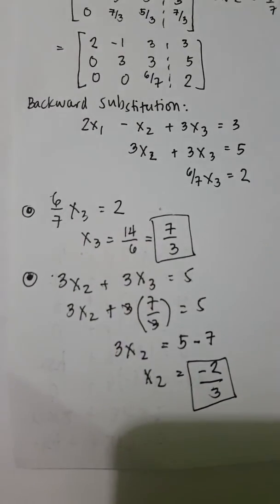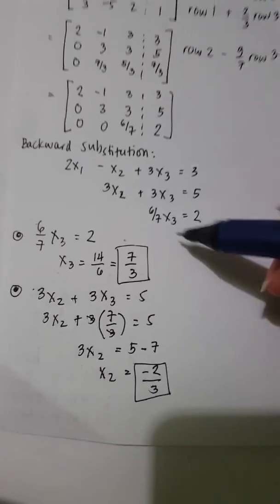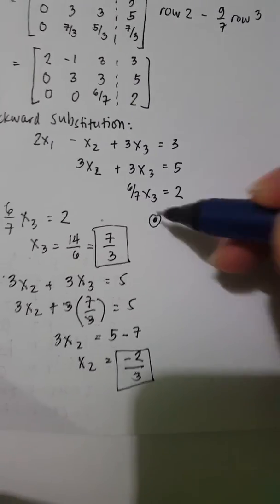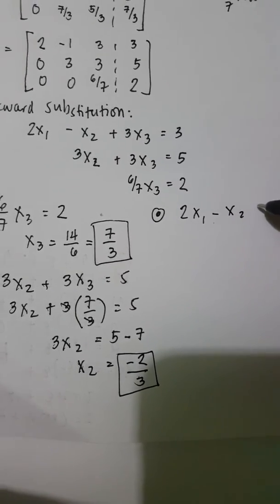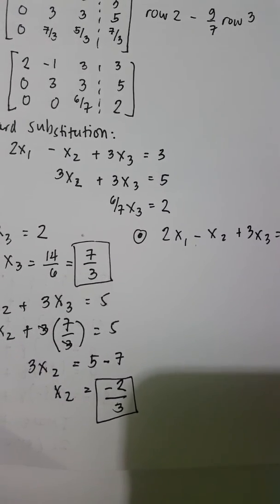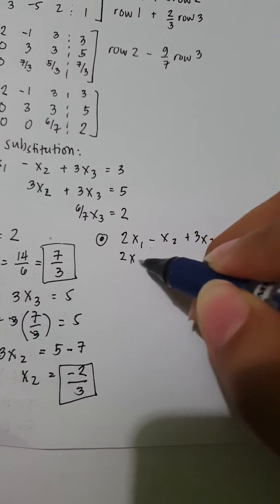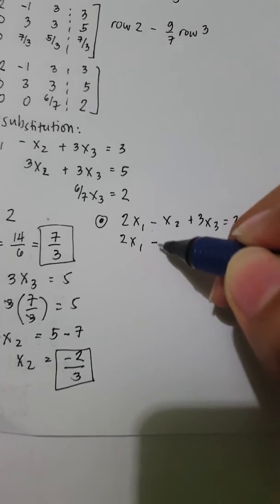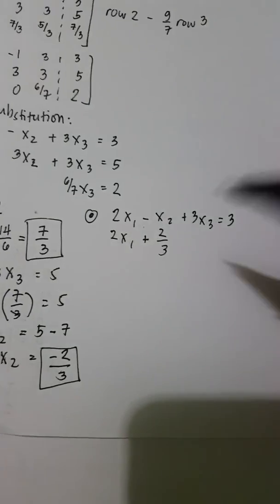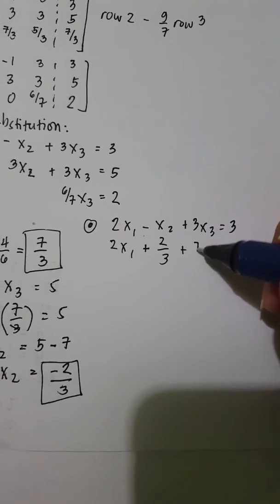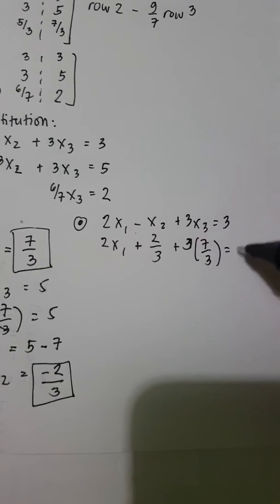Meron na tayong values ng x3 and x2. For x1 naman, so we can now substitute yung values dyan. We have 2x1 minus x2 plus 3x3 is equal to 3. So, 2x1 minus, or rather that will be plus 2/3 plus 3 times 7 over 3, that will become 3.